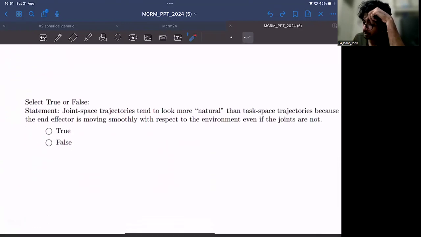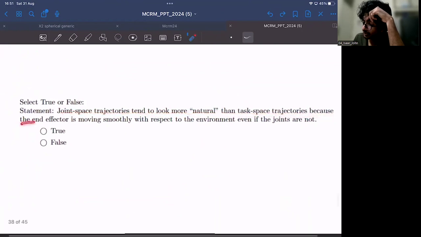It's again a true or false. The joint space trajectories look more natural than the task space trajectories, because the end effector is moving smoothly with respect to the environment, even if the joints are not. What does look more natural?